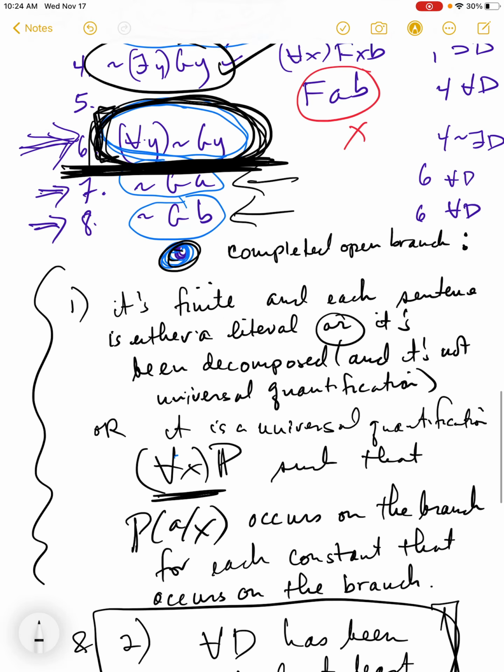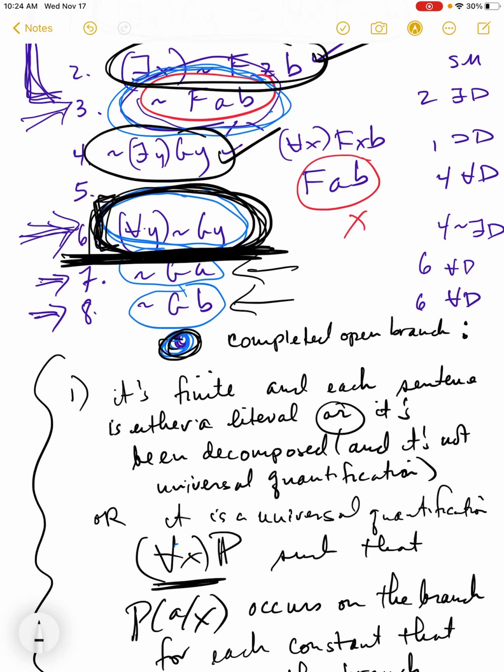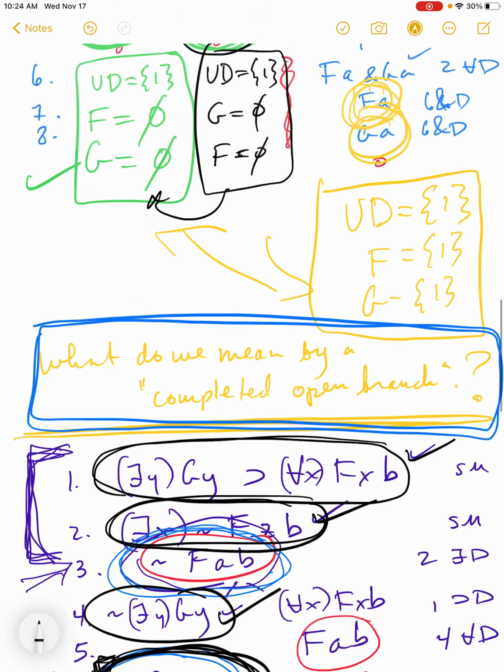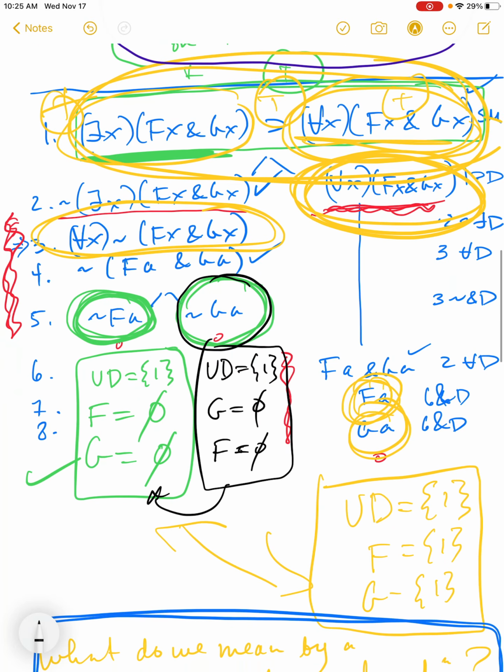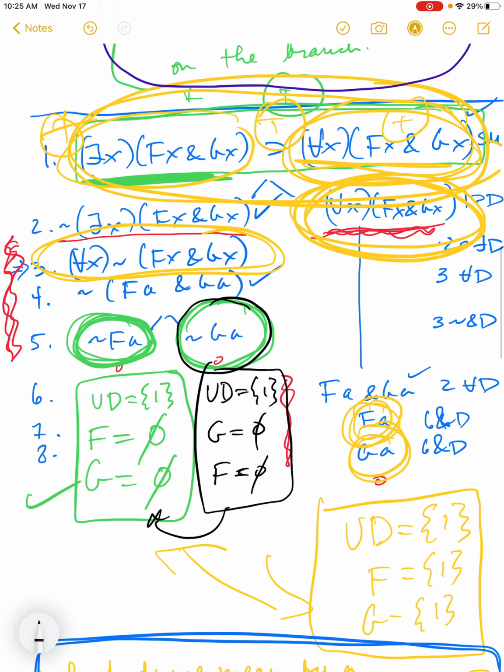Okay, and that's why I feel confident saying that this branch over here was a completed open branch. And back to the tree that we did initially, or secondarily, this was after the Holmes example. At this point, I was comfortable saying that this was a completed open branch and this is a completed open branch, because note that I have satisfied the criteria.